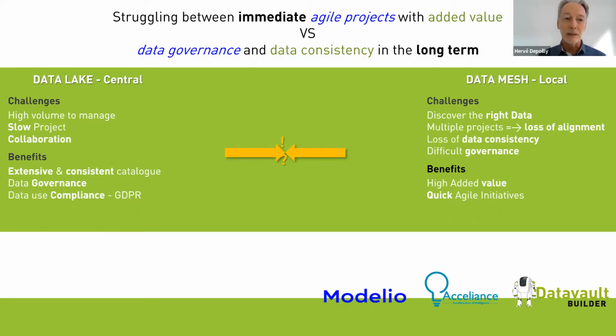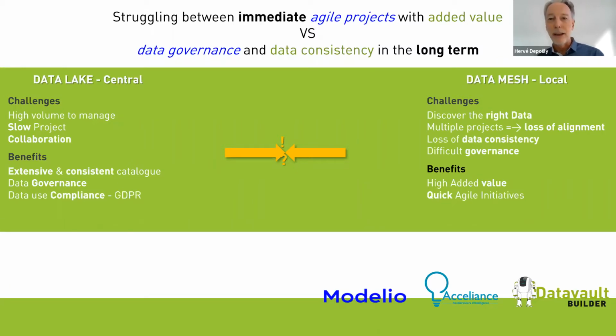But this brings benefits: extensive data catalog, consistent data description. It enables you with data governance and to be compliant when you use the data with the General Data Protection Regulation. You know, since 2018, we all have some questions about this GDPR regulation.